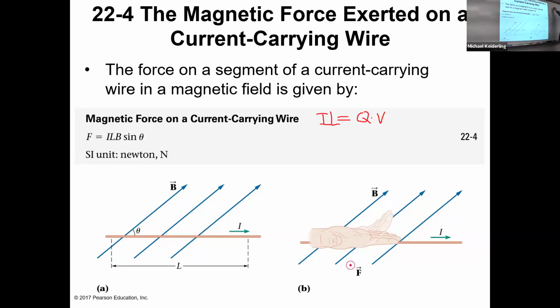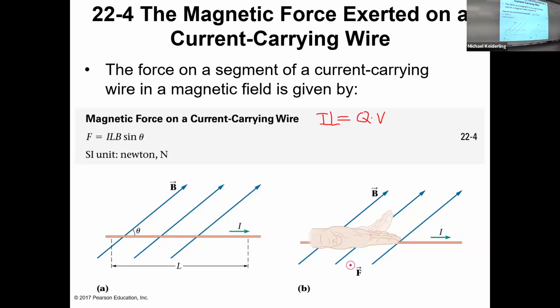Force is charge times velocity cross magnetic field. So the magnitude of force is the absolute value of charge times velocity times magnetic field times the sine of the angle between them.